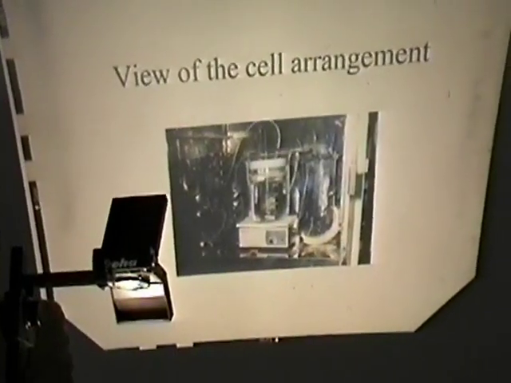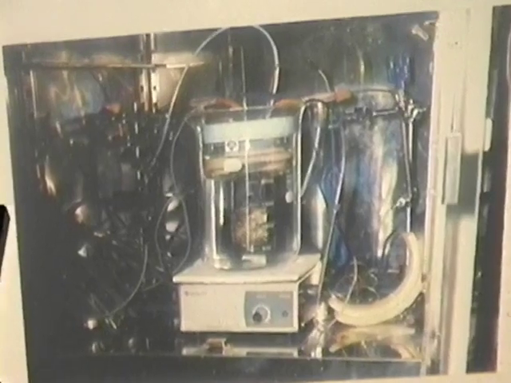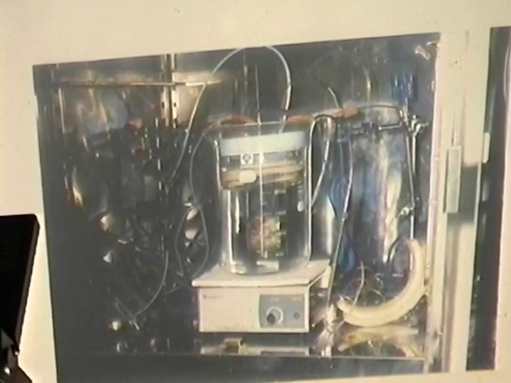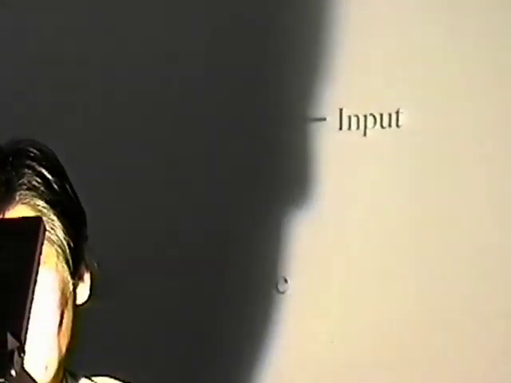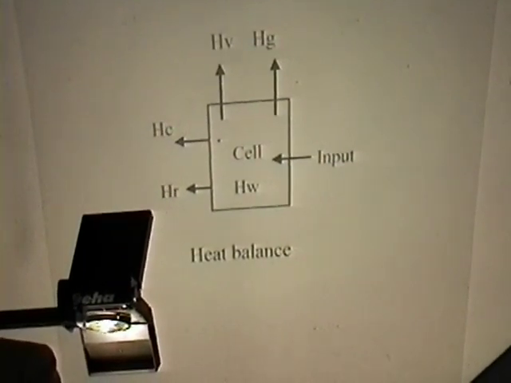This is a photograph of the main part of the measuring system. You can see the cell, heat exchanger, anode, cathode, magnetic mixer, and thermocouples. This is the cathode, anode, heat exchanger, and thermocouples, and the magnetic mixer is here. This figure presents several factors for the heat out during the experiment.